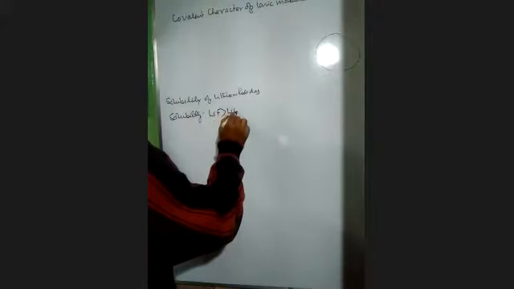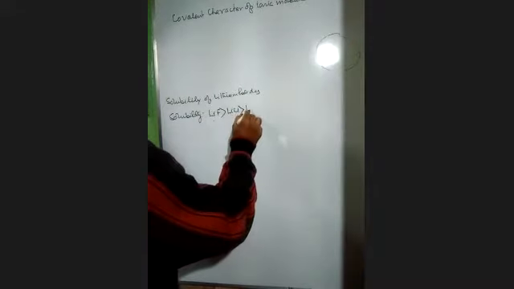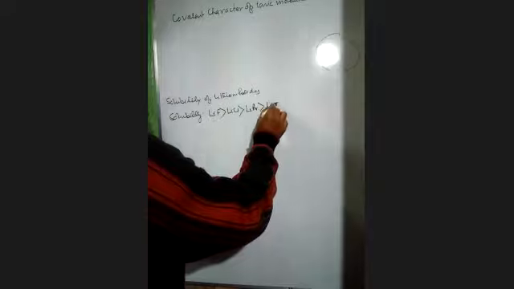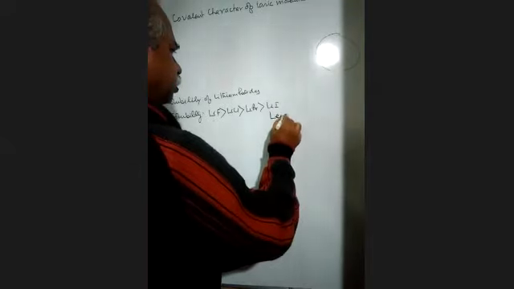Lithium chloride is a little less soluble. Lithium bromide is further less, and lithium iodide is least soluble.